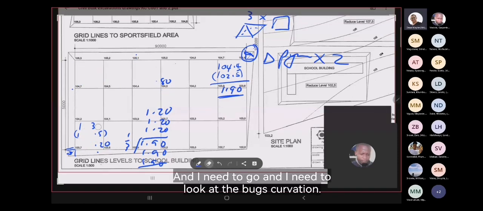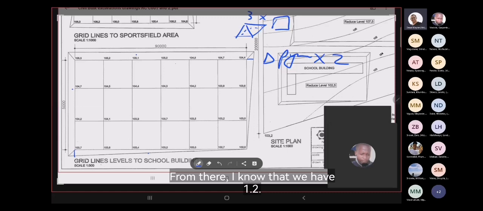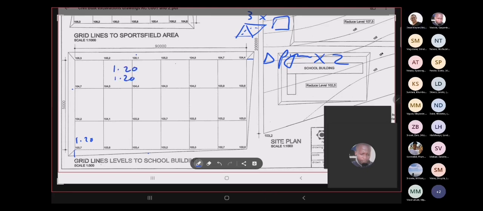And now I need to look at the bulk excavation for my triangular sections. From there, I know that we have 1.2, and my length is 90 meters, so it will be 1.2 times 90, multiplied by half times a third for that section there.